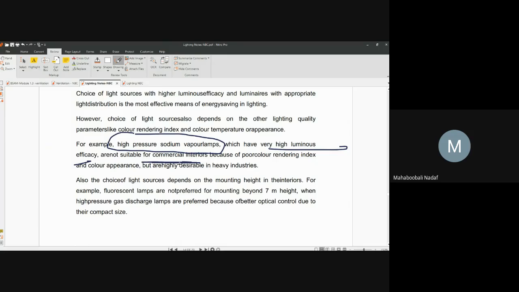Try to understand, these are for street lighting type of work, where brightness requirement is more but color importance is less. But in a commercial building, color rendering index is more important but brightness is not so important. That's why you avoid sodium vapor lamps in commercial areas. Okay, so like that you have to go.